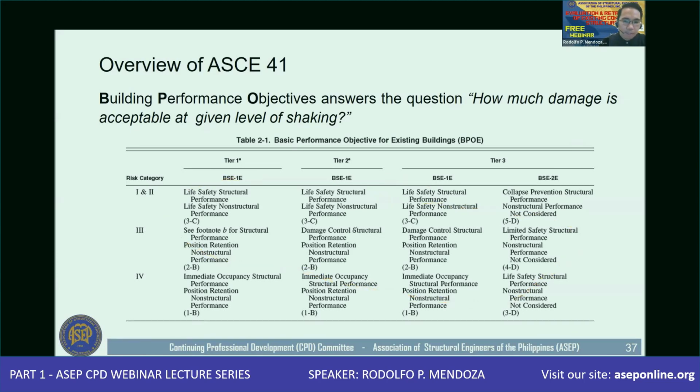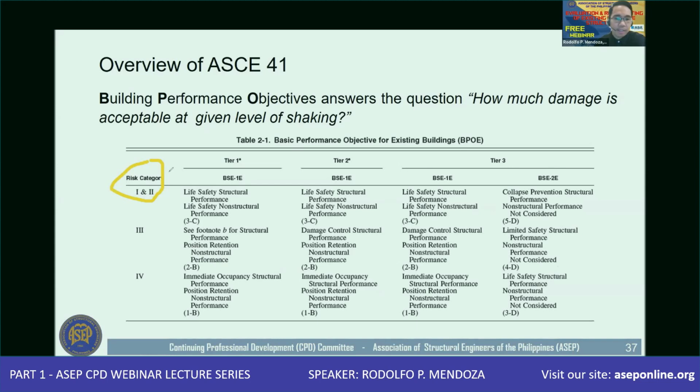building performance levels. Now, at a given seismic hazard level, there's a corresponding building performance level and a corresponding risk category. You can actually think of risk category as occupancy category.